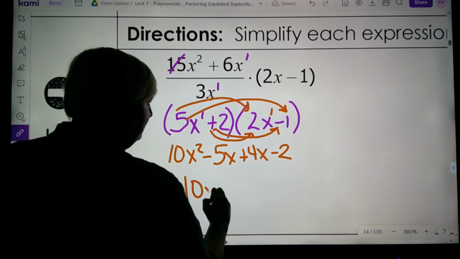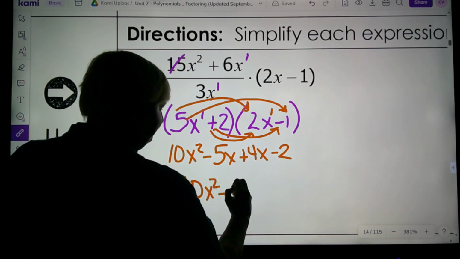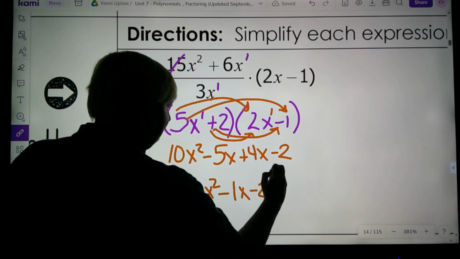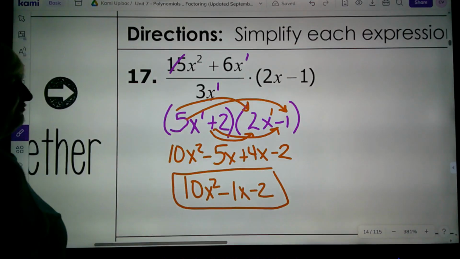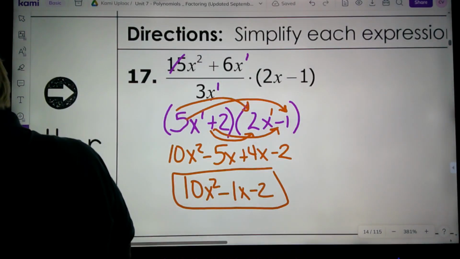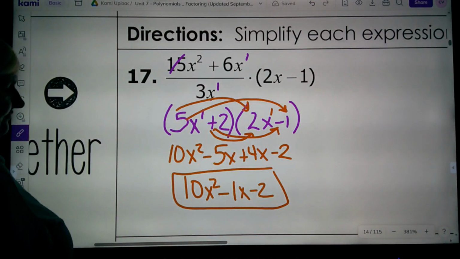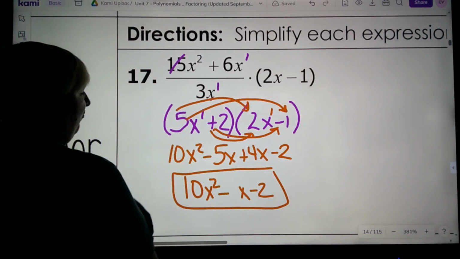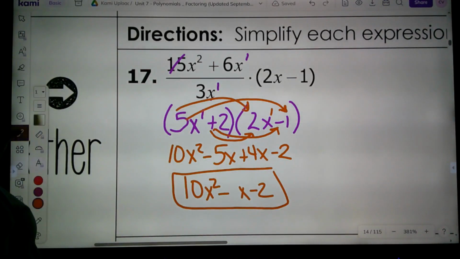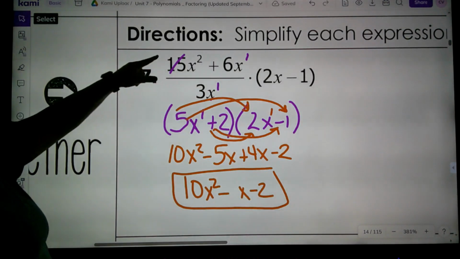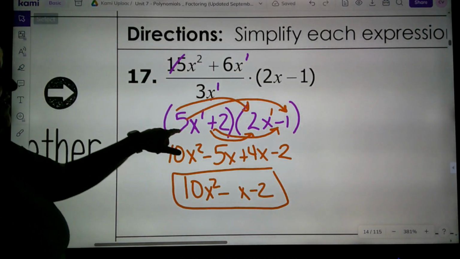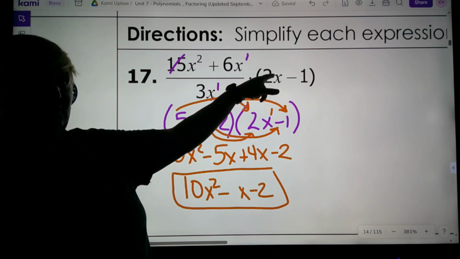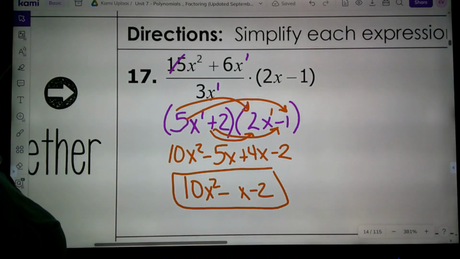Combine your like terms. So first you divide it, and then you multiply. Feel free to leave that 1 off. First you divided to simplify, and then you multiplied the answer by the binomial.